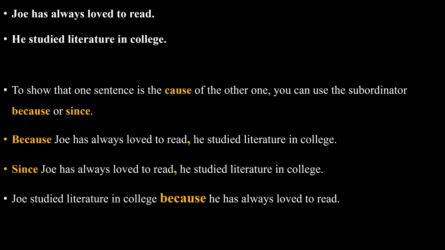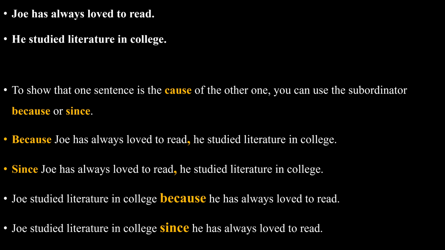Joe studied literature in college because he has always loved to read. I can also put since in the middle of the sentence. Joe studied literature in college since he has always loved to read. So I always have two choices, to put the subordinator in the beginning or I can put it in the middle. Now remember, if you are using it in the middle, you don't need the comma.